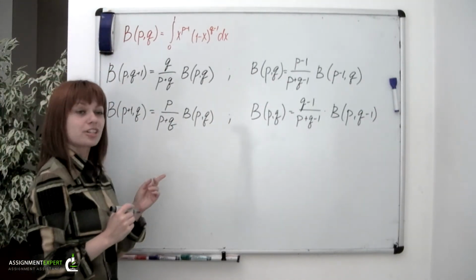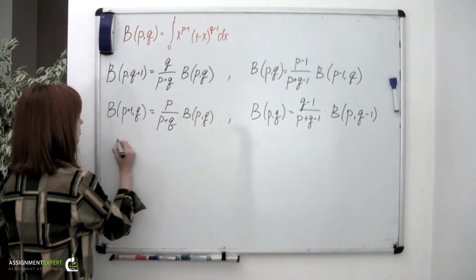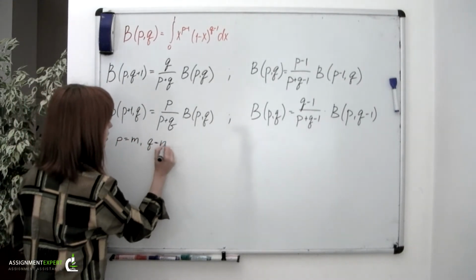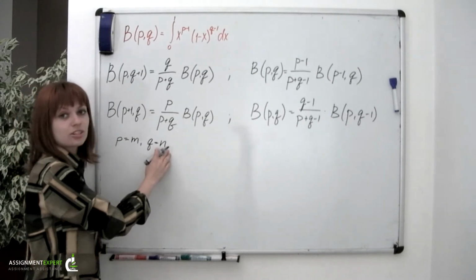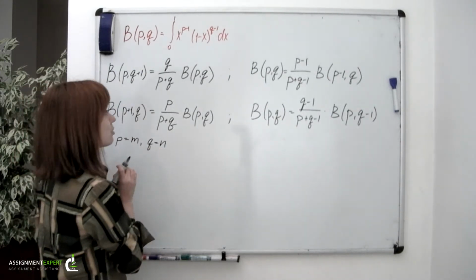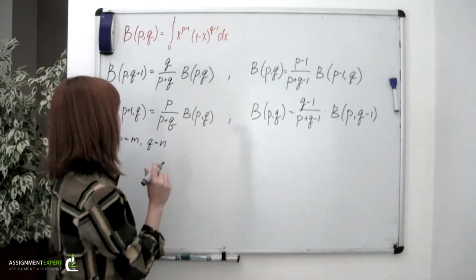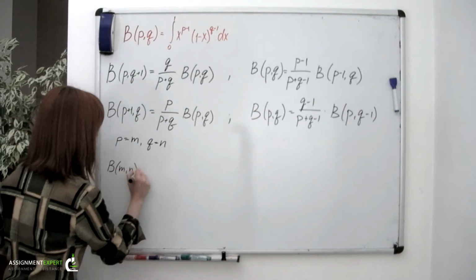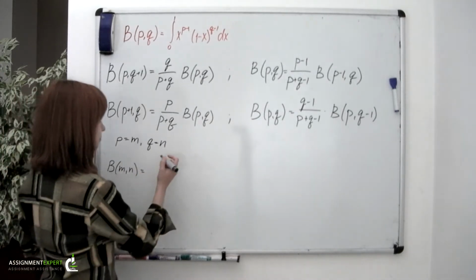If p and q are integers, say if p equals m and q equals n, where m and n are integers, we may rewrite this formula like this.